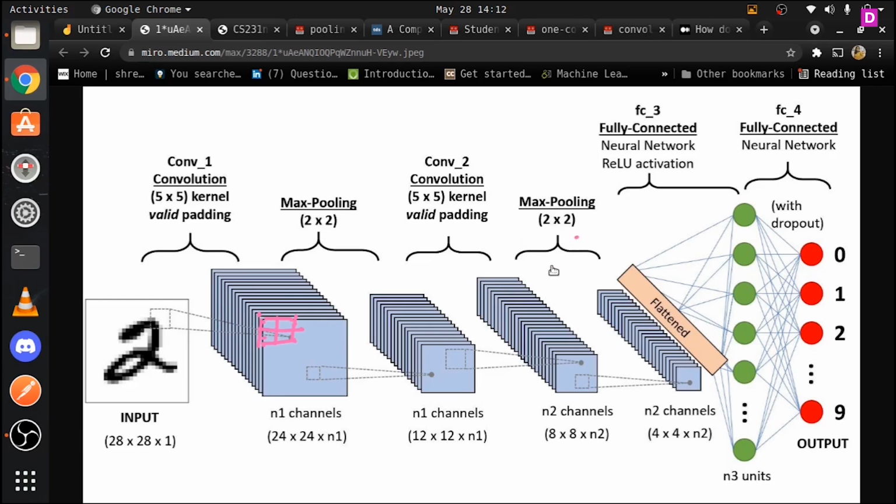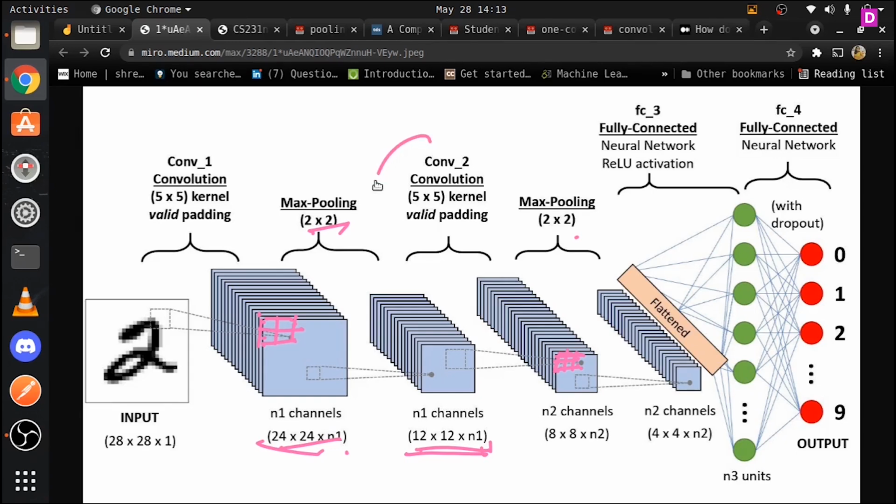In the same way here you have max pooling, so for 8 cross 8 you will take 4 pixels, 2 pixels as length and 2 as width, right? And then you will calculate the value. Since the max pooling is 2 by 2, it reduces the dimension by half. So 24 cross n1 will become 12 cross n1.